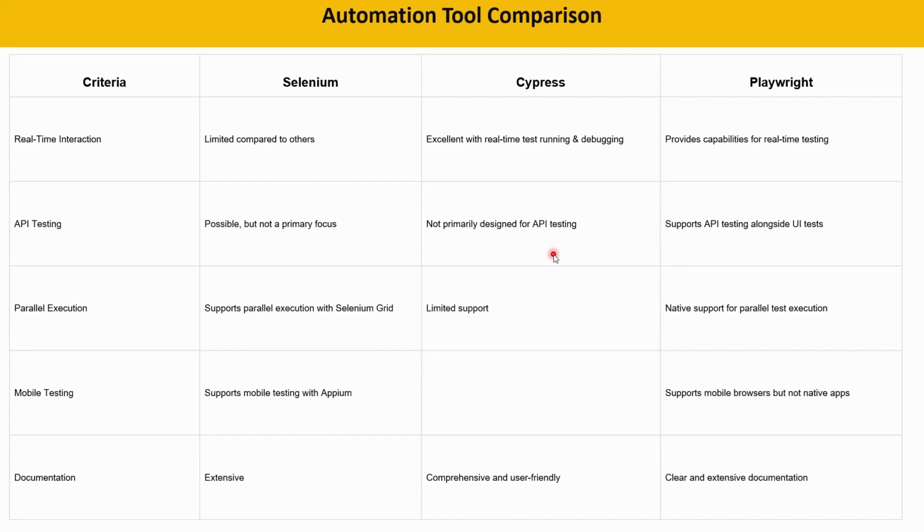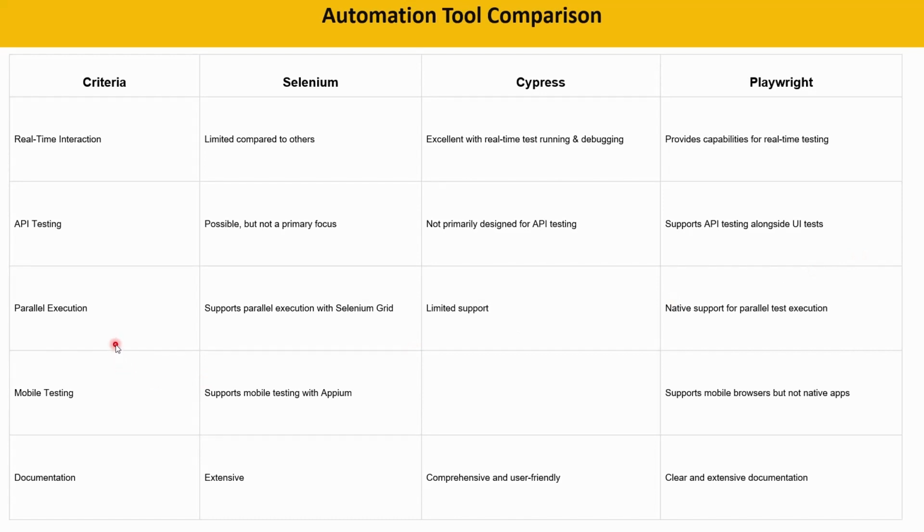Cypress is designed for GUI-based testing, which is front-end testing. Playwright supports API along with GUI testing, so you can see the limitation Cypress currently has is being overcome by Playwright.